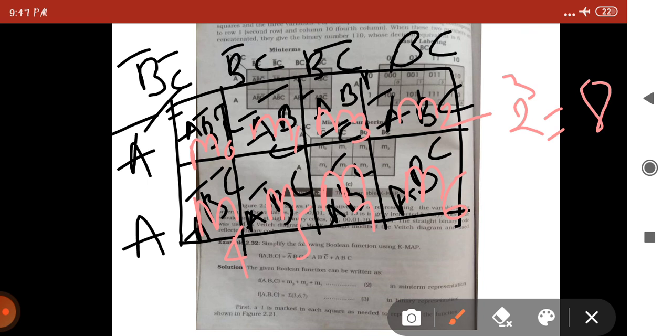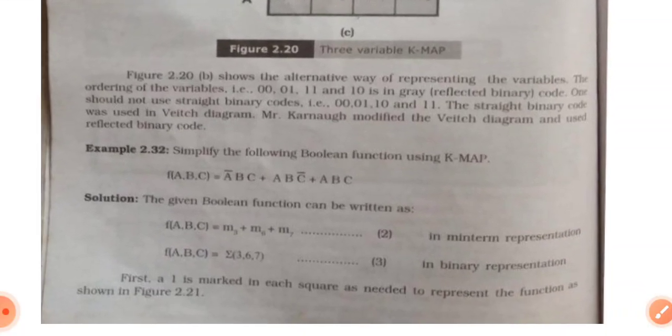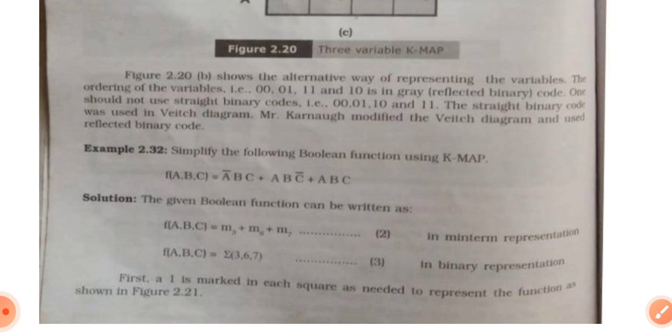This is the way to give the designations of the truth table for the K-map. They have given the values, we have to fill them. F of A B C equals A bar B C plus A B C bar plus A B C.